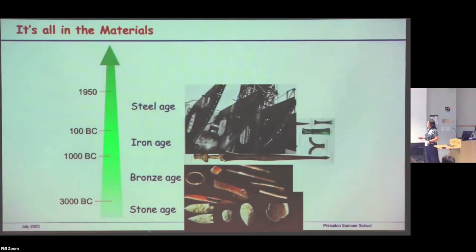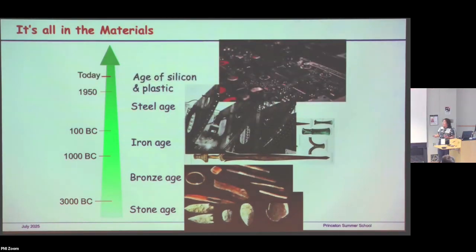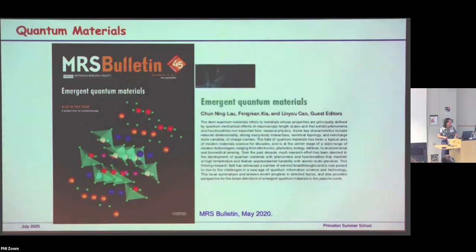This is not to scale, really, but every time we have a leap in technology, we start with the materials. And of course now, currently we have the age of silicon and plastics. And now we are probably going to the quantum age. We're going to have quantum information, quantum science and technology, and that starts with quantum materials.